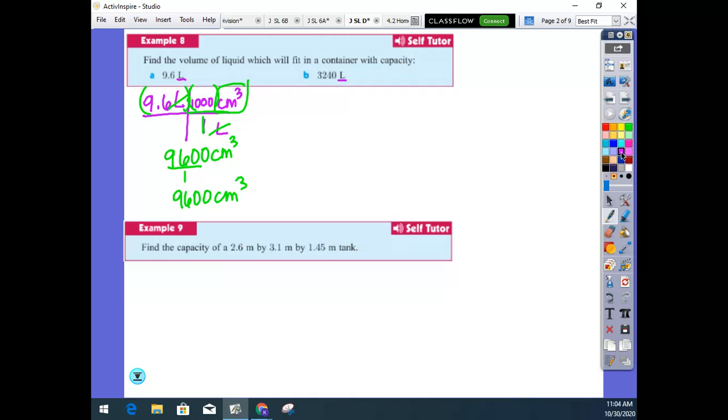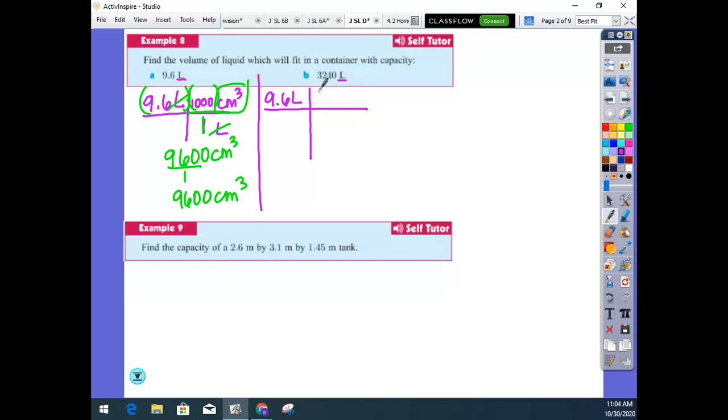Now, what if instead of cubic centimeters, I wanted to convert 9.6 liters to cubic meters? There is 1 cubic meter for 1,000 liters. Notice I always put my units to cancel: one is on top, one is on bottom.